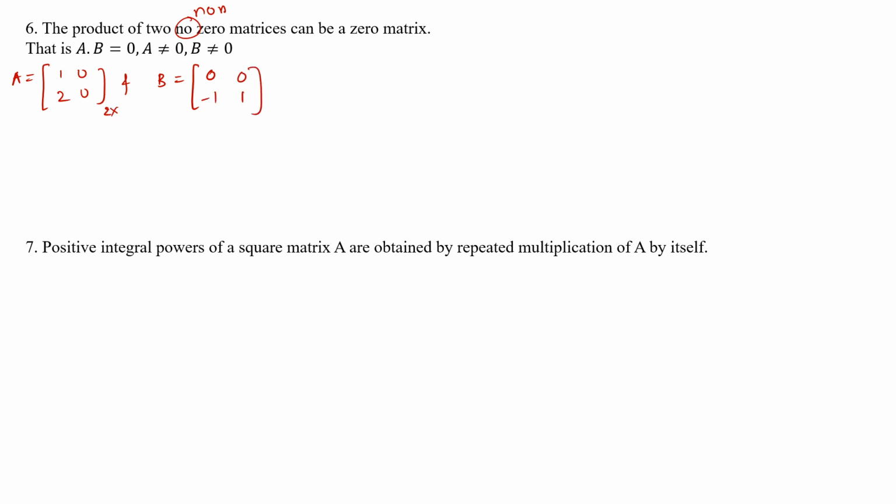You observe this is a 2 cross 2 matrix, this is a 2 cross 2 matrix, and the number of columns is equal to the number of rows. We can do the multiplication. A is a non-zero matrix, B is also a non-zero matrix. What will be the product?